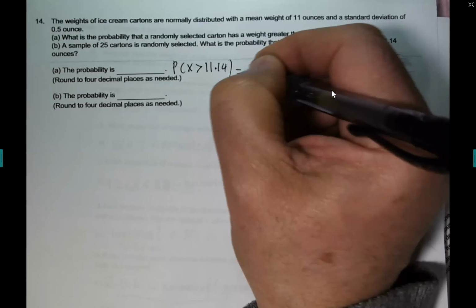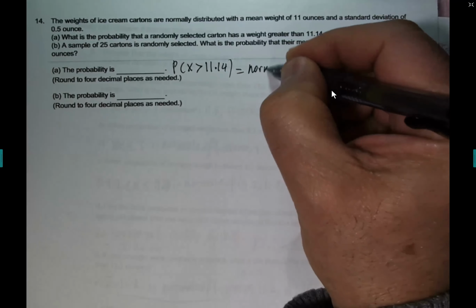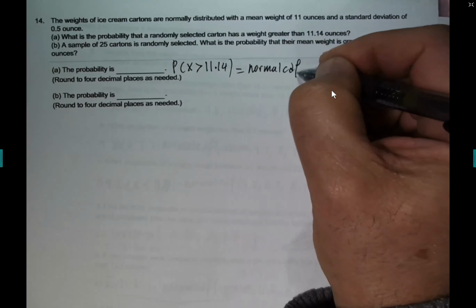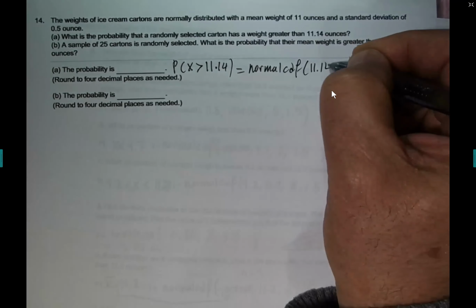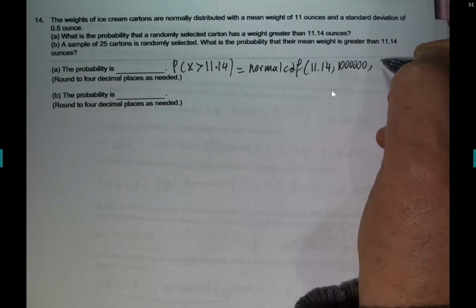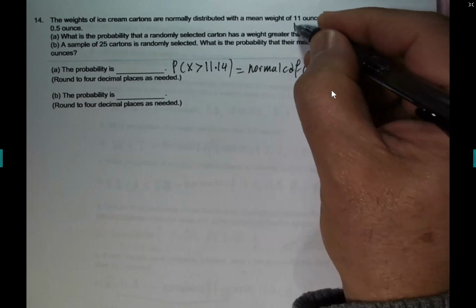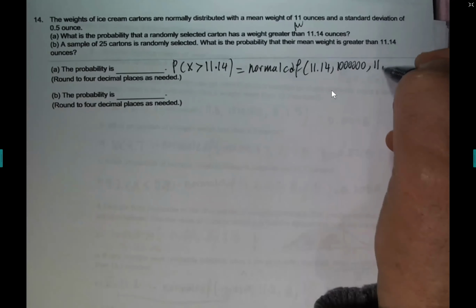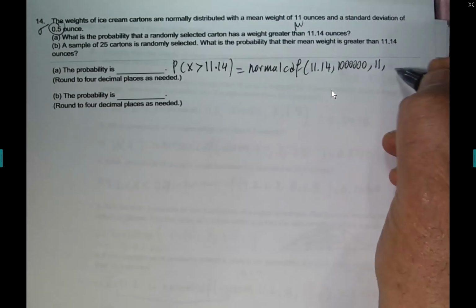No samples here, guys. So it's just normal CDF. 11.14, 1 million. Mean is what? 11 ounces. And what's the standard deviation? This is the standard deviation, sigma 0.5.